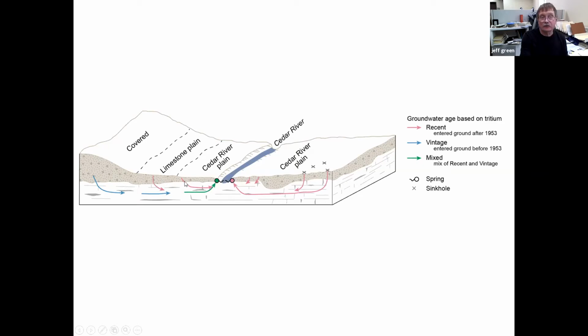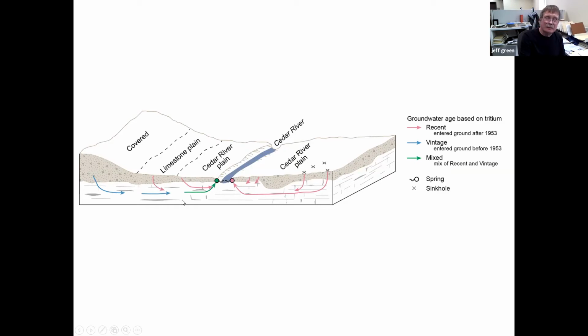The red arrows are recent water, and what happens is water goes through the thin sediments through the karst and gets into the deeper bedrock units, and that water becomes a blend. And this recent water with high nitrates quite often is diluted by the older water. And it's a complex system.